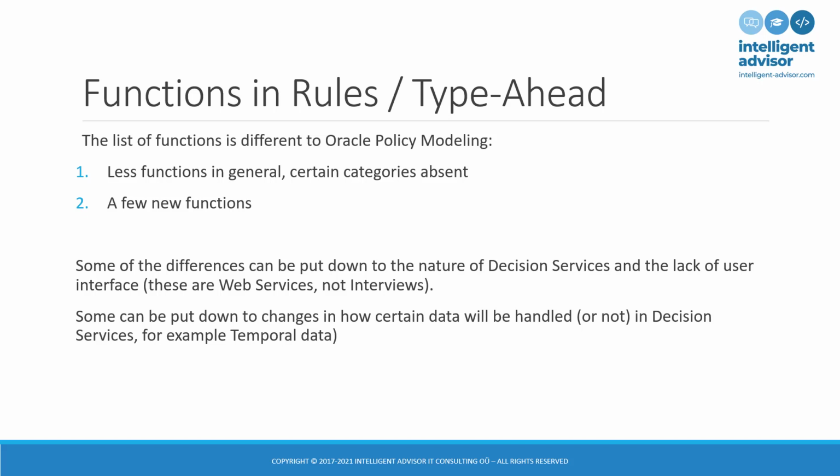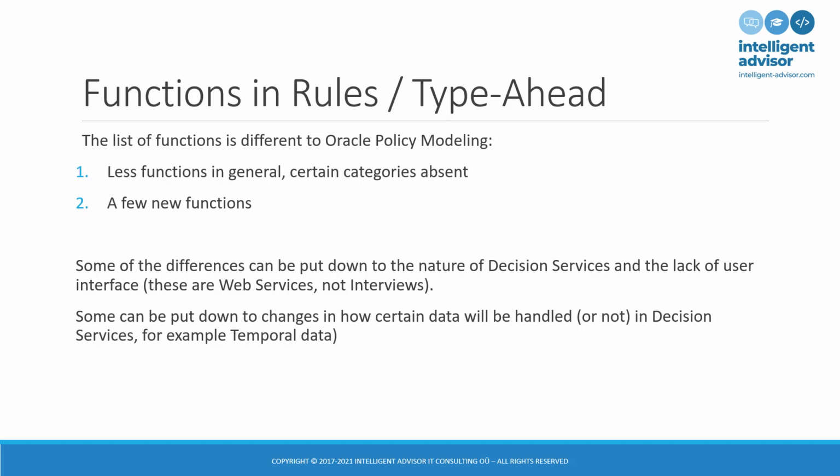The other thing I want to talk about is functions. The range of functions is different to Oracle Policy Modeling. There are many fewer functions in general, and there are actually certain categories of function that are completely absent. There are a couple of new functions as well.